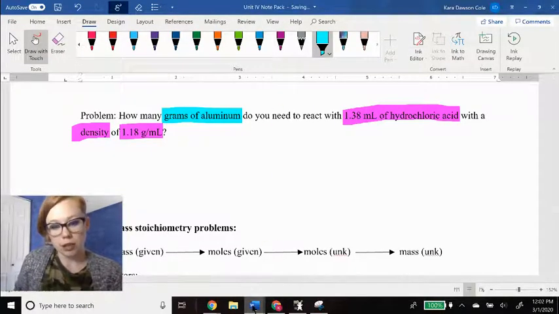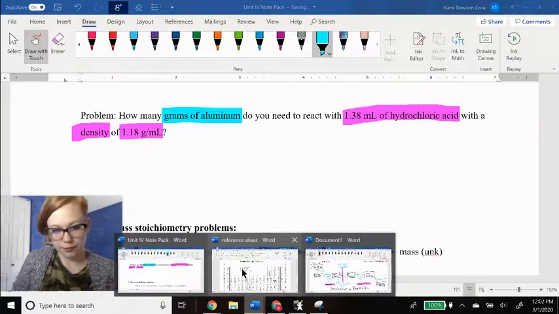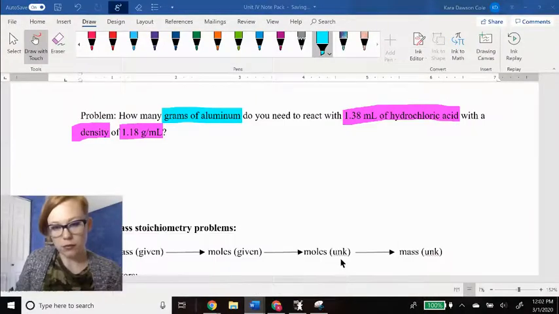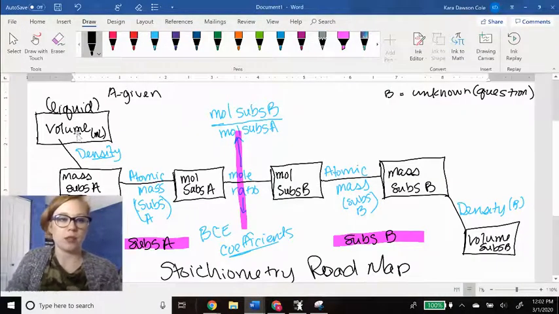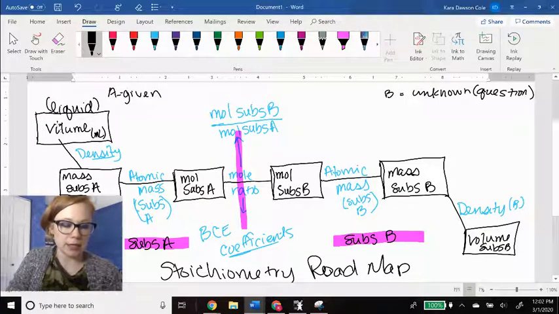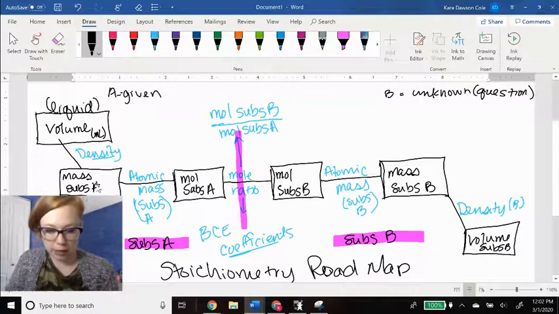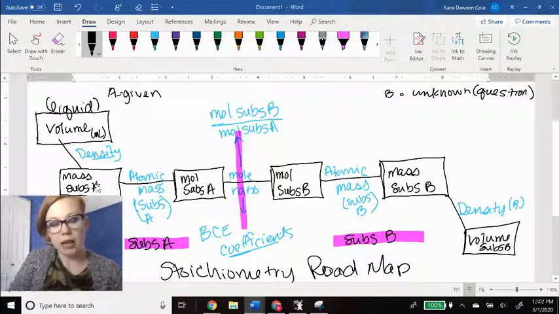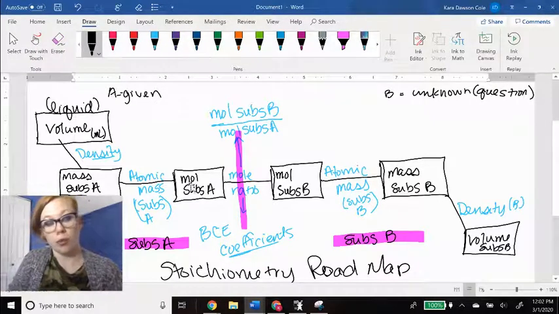Okay, so let's go to our roadmap here and look at where I'm at. I'm at volume of hydrochloric acid, and I need to go through my density. That's going to be my first line in my multiplication. Then I've got mass of substance A. I'm going to go from mass of substance A to moles of substance A using my atomic mass.